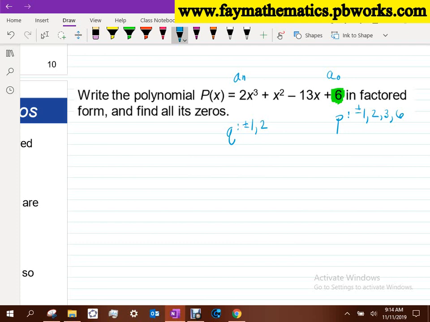Using the fundamental counting principle, from geometry or 8th or 9th grade math, we would get 8 potential zeros. Does that make sense? But they're all plus or minuses, so it doubles it. So we've got 16 potential zeros.